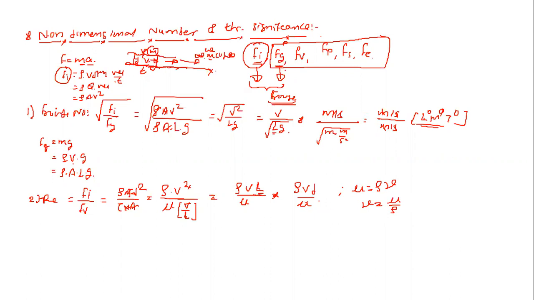Just rearranging those terms, we get the relationship for the Reynolds number as Re is equal to V D by nu, either V D by nu or rho V D by mu. This is the Reynolds number. So the Reynolds number correlates inertia force and viscous force, whereas the Froude number correlates inertia force and gravity force.